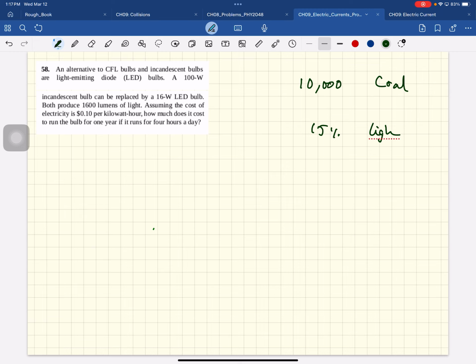So if you replace every one of those bulbs with an LED bulb, all that electricity for lighting will essentially go to zero. You can close down 1,500 large coal power plants.